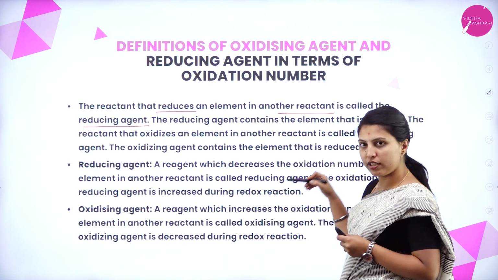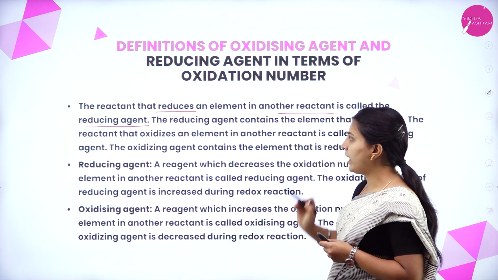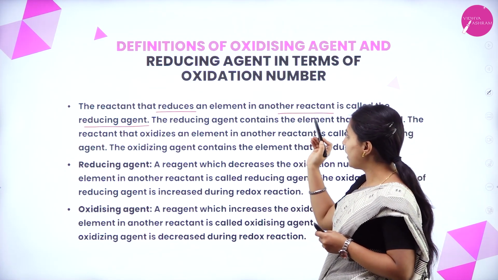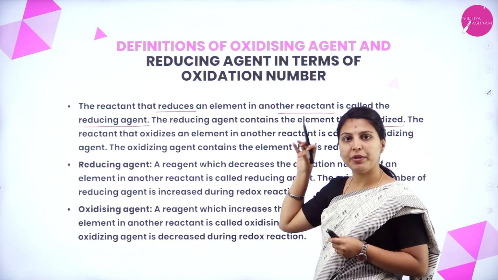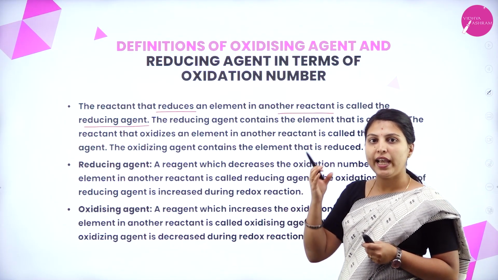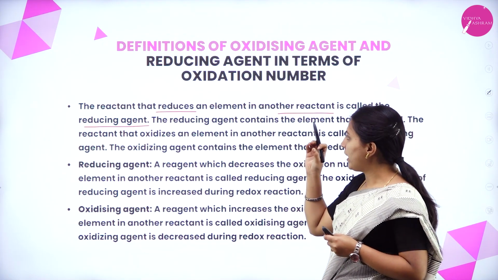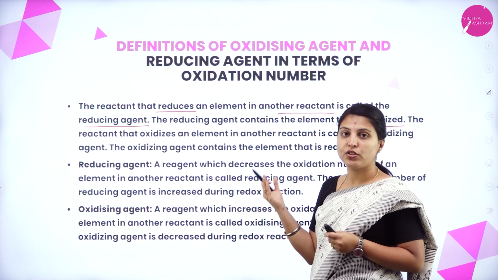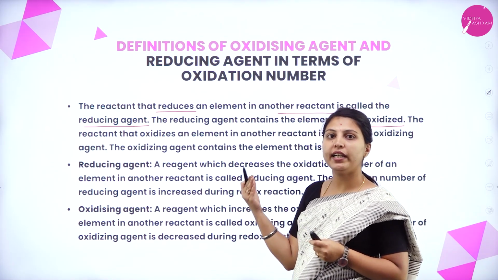Whatever is oxidized, the reagent containing it is the reducing agent. But what is the function of the reducing agent? It is any reactant that reduces an element in another reactant, so that other reactant gets oxidized.